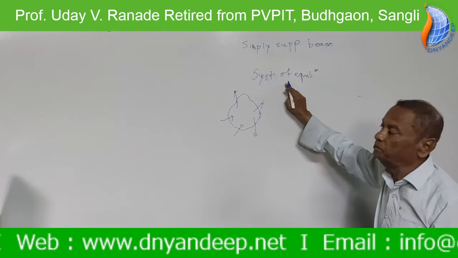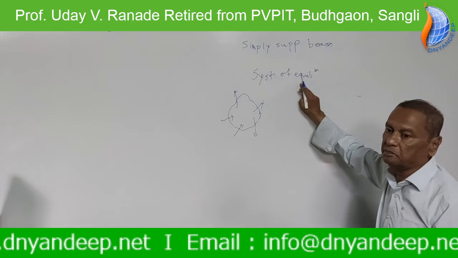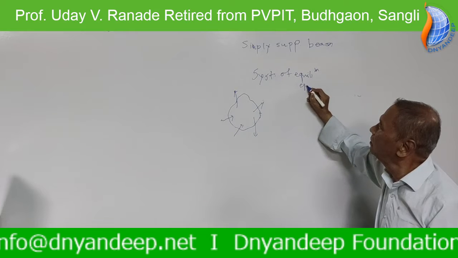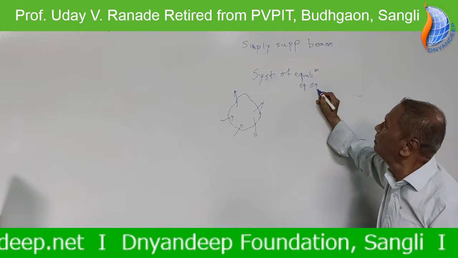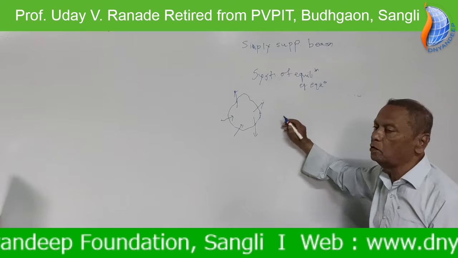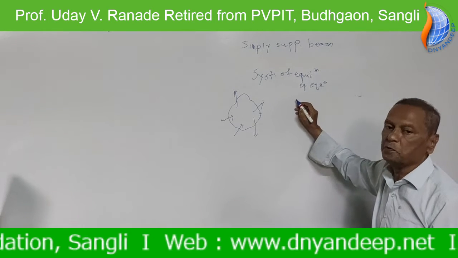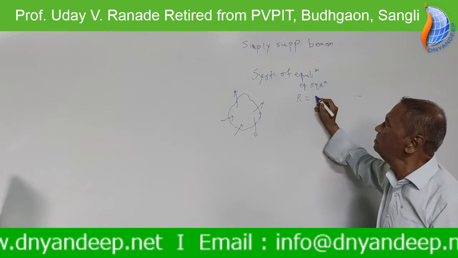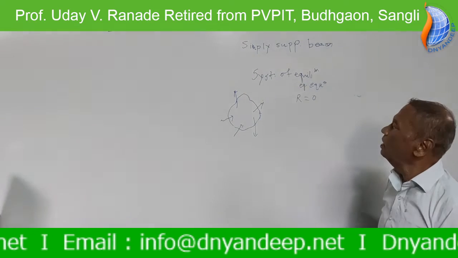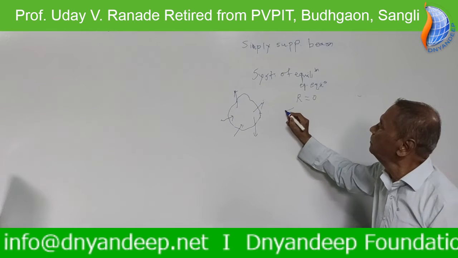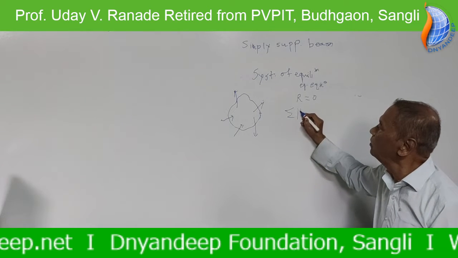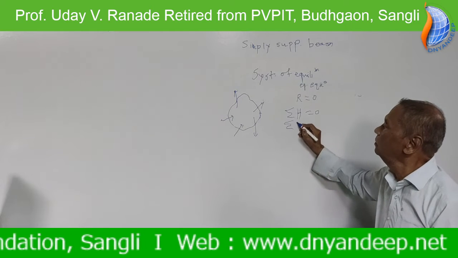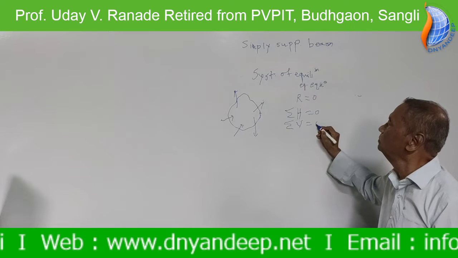Now in this system of equilibrium, equilibrium equations are coming from resultant. As body does not move, resultant is 0. And when resultant is 0, summation of horizontal forces equal to 0. Summation of vertical forces equal to 0.